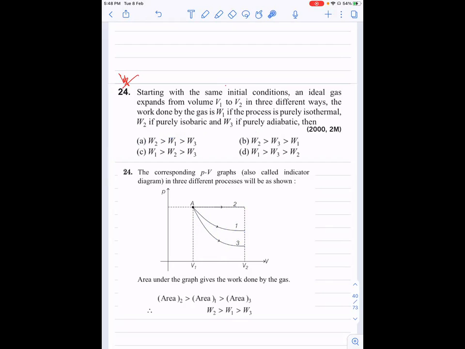So this is the option. Third will be adiabatic. Adiabatic is third. So A is the right answer. ठीक है? So this is again an important question, particularly for competitive examination.